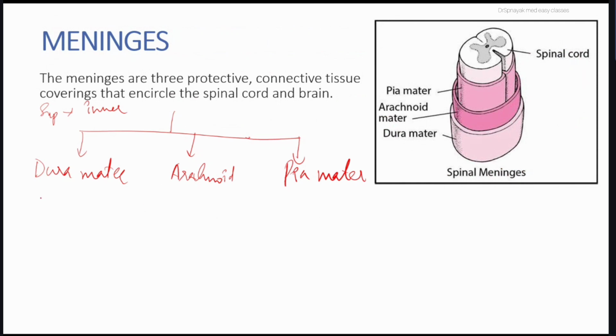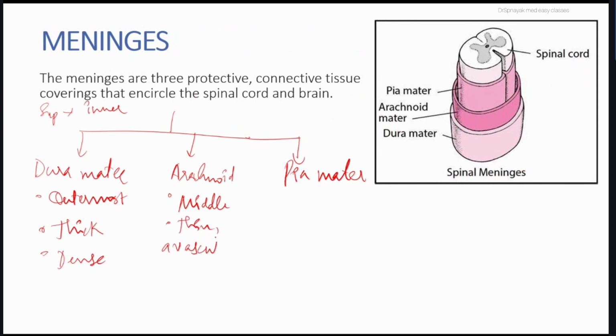The dura mater is the outermost, and it is a thick membrane that protects the spinal cord from any shock, and it is composed of dense connective tissue. The arachnoid is the middle membrane or the middle covering, and it consists of thin, avascular, and loosely arranged fibers.